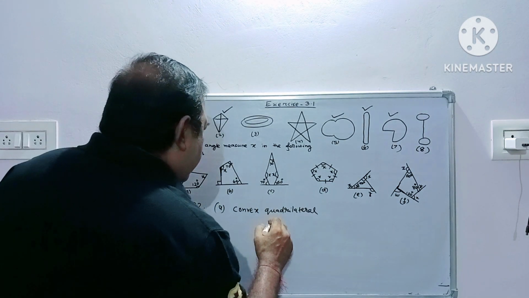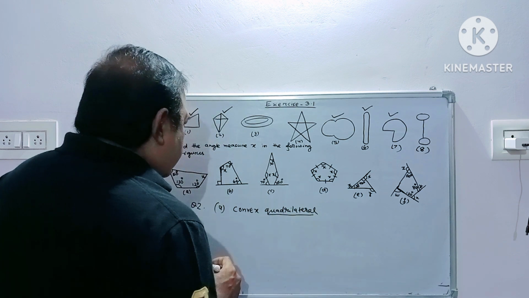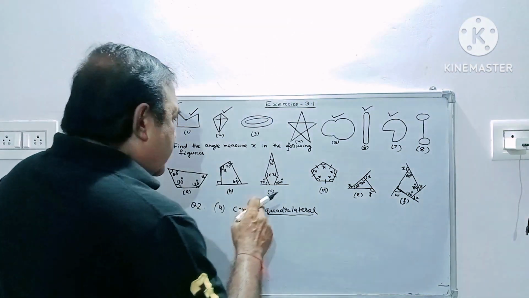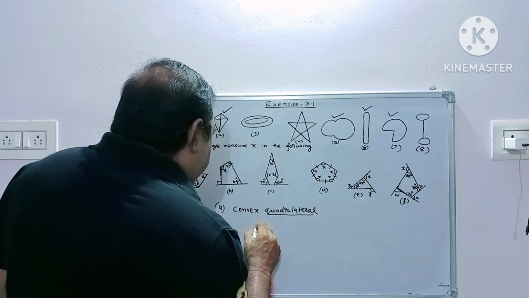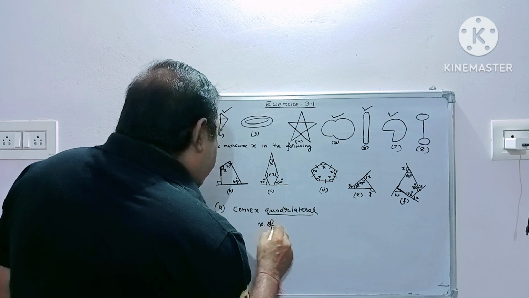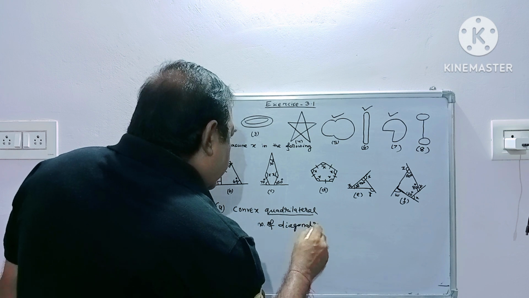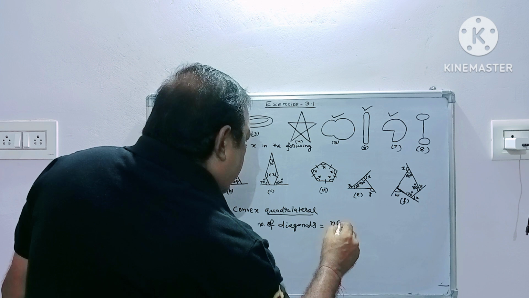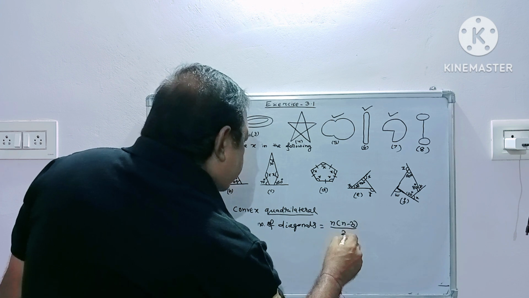You see, quadrilateral means it has 4 sides. A quadrilateral is a 4-sided polygon. So a quadrilateral has 4 sides. So to know the number of diagonals, you remember this, number of diagonals is equal to n times n minus 3 divided by 2.